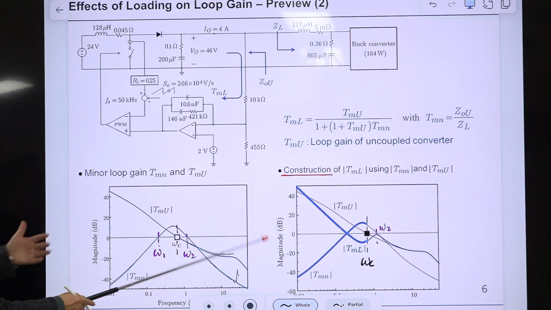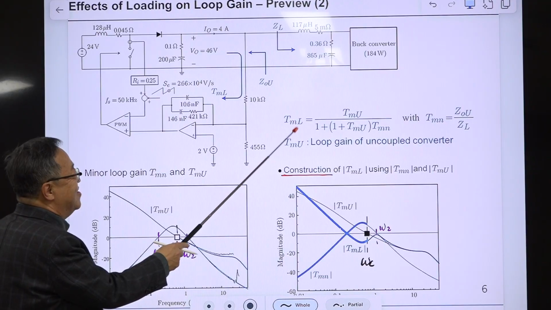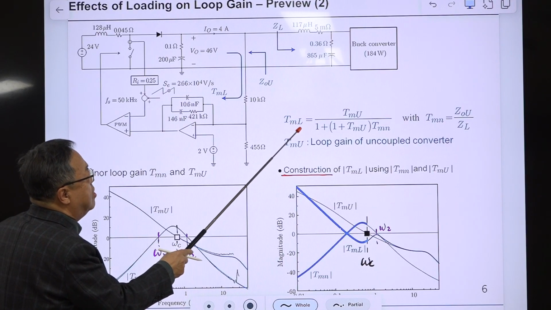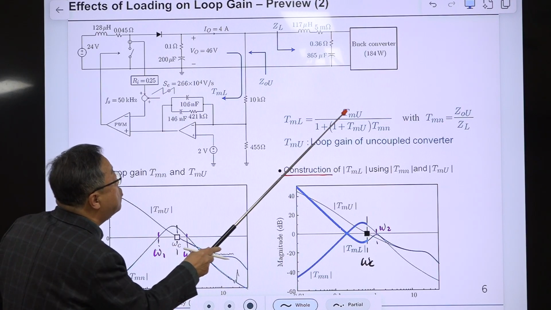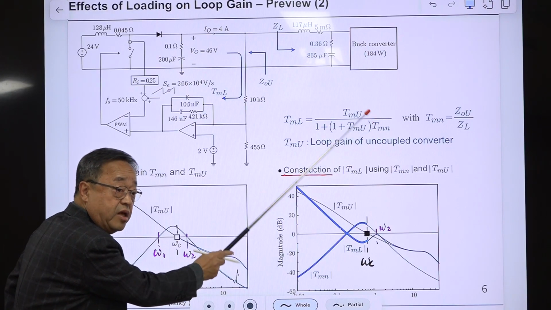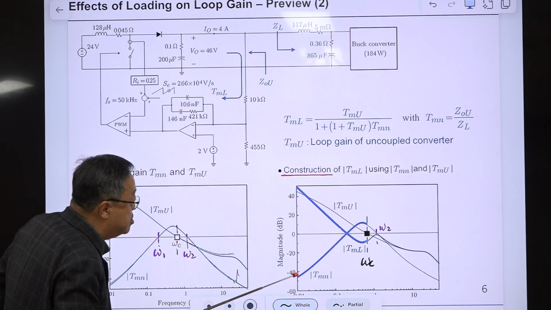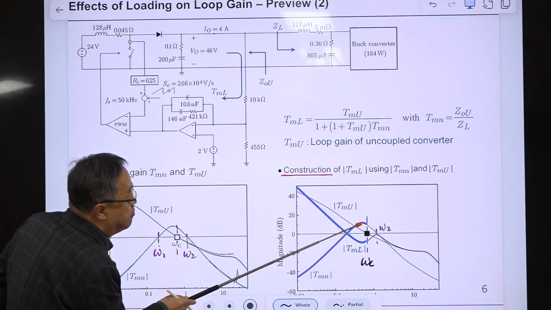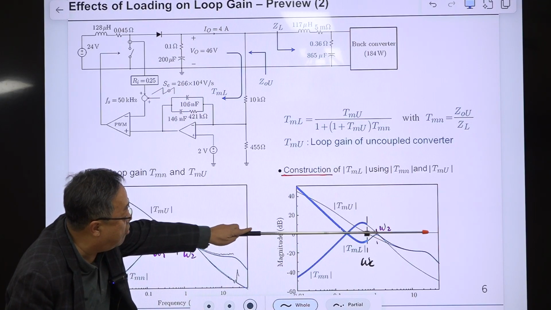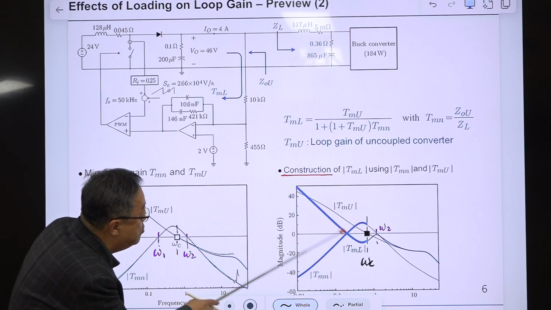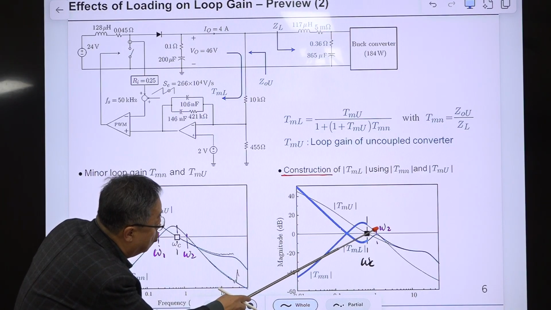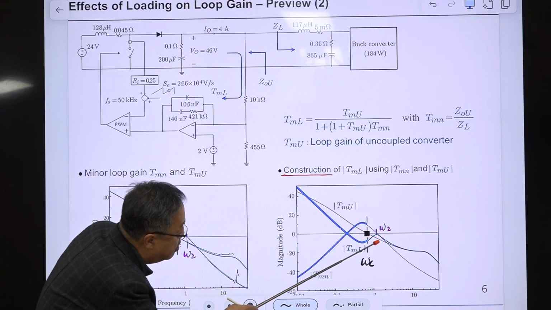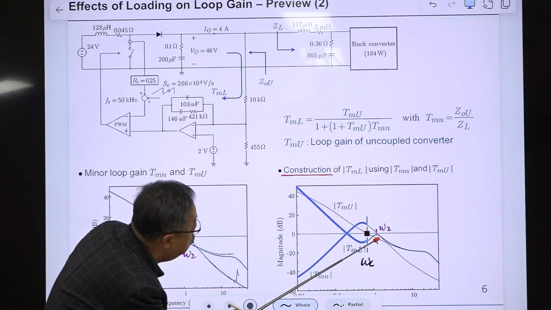Maybe it looks very difficult to sketch this from this one, but that is easy. So this is a TMN. Then flip this over against this real axis, and you have this. And after this omega 2 frequency, track and copy the TMU.